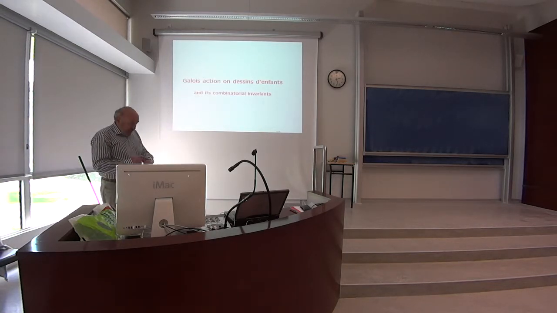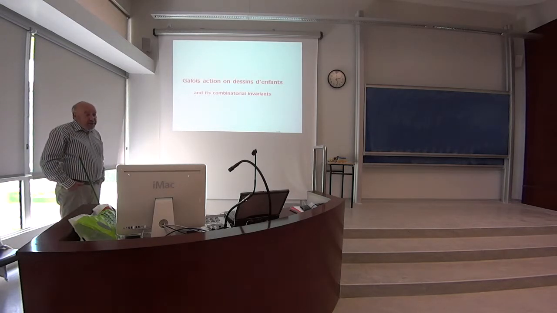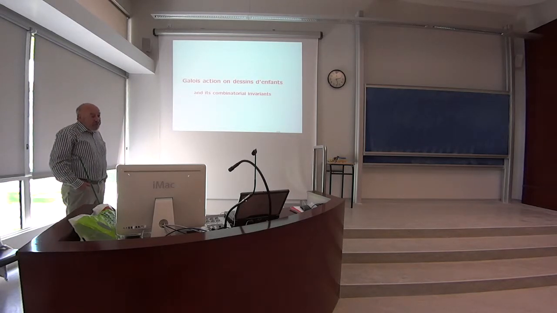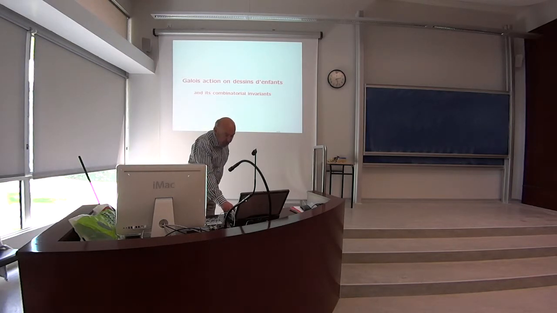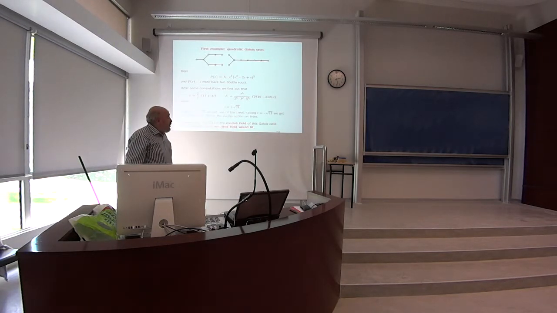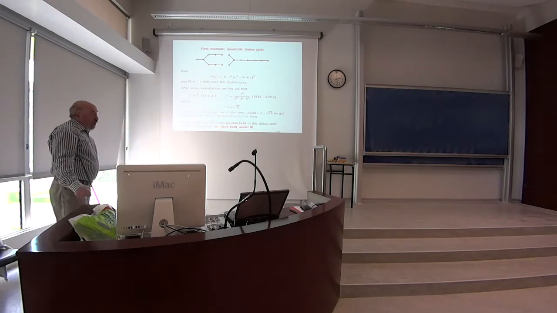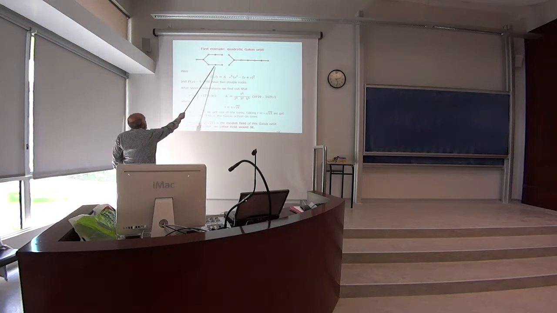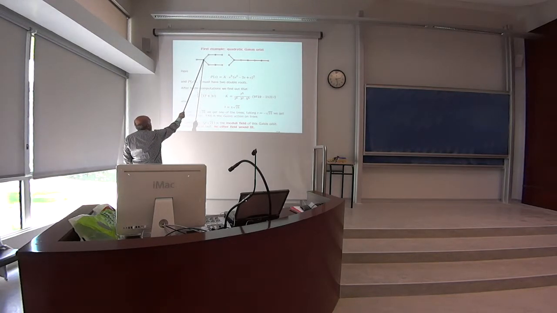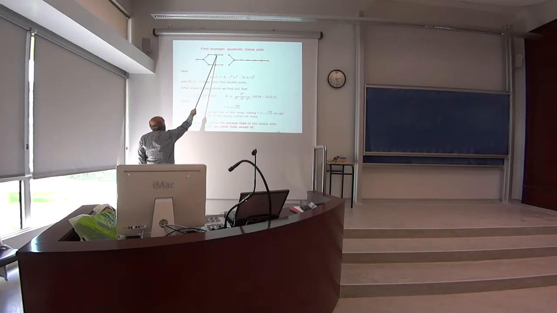Okay, I must say at least something about Galois action on these children drawings, on maps. So consider an example. Let us consider the tree on the left. One black vertex of degree 3, 2 black vertices of degree 2.